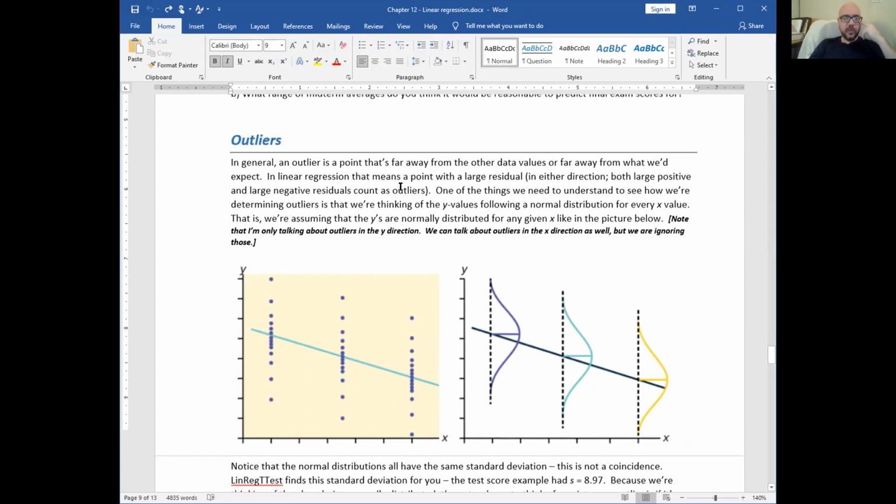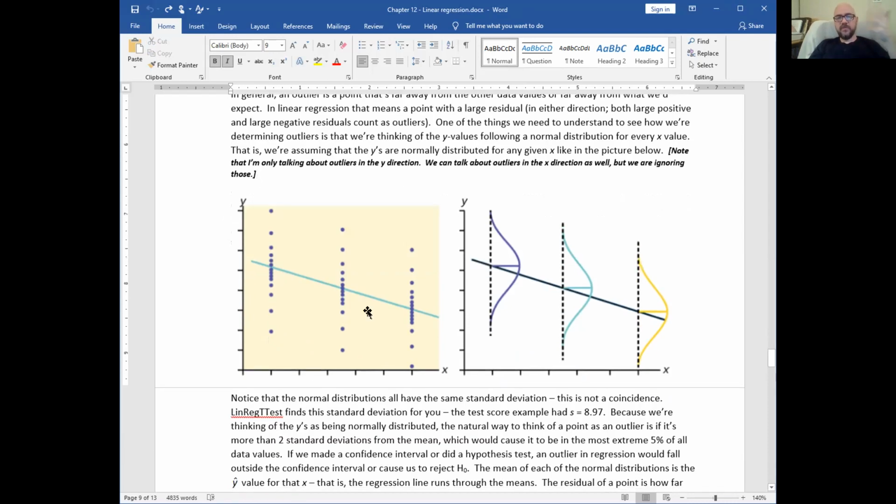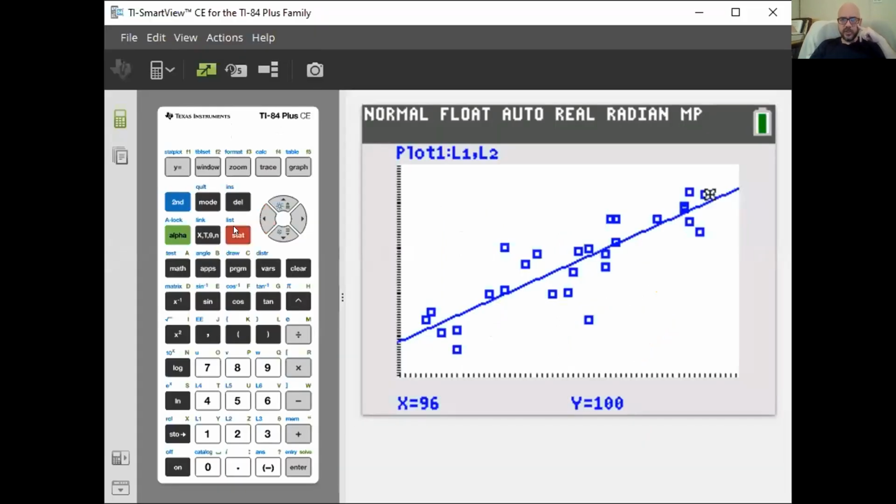Here's the idea. When we do regression, there's an inherent assumption that I didn't talk about, and that assumption is that your residuals, remember how far away each point is from the line, are normally distributed. That's actually a pretty reasonable assumption a lot of the time. And in fact, let's go to the calculator, and remember that we found our residuals earlier.